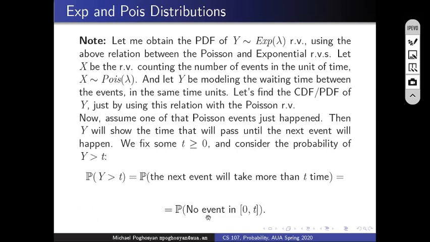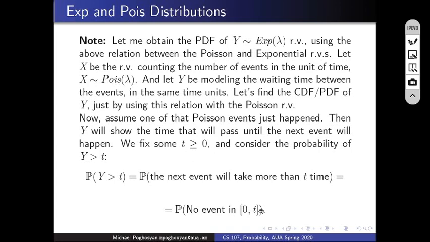Okay, so let's see how to calculate. I want to calculate the probability that there are no events in the interval (0, t). We remember how to do that by using the Poisson distribution. But recall that Poisson lambda is for counting the number of events in a unit interval.